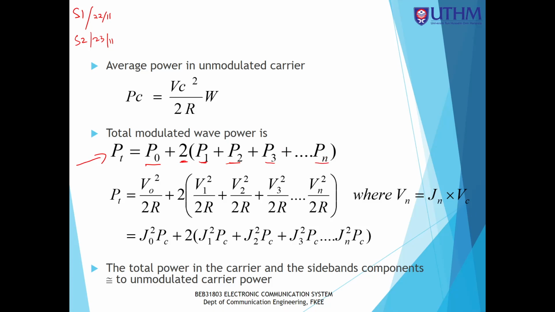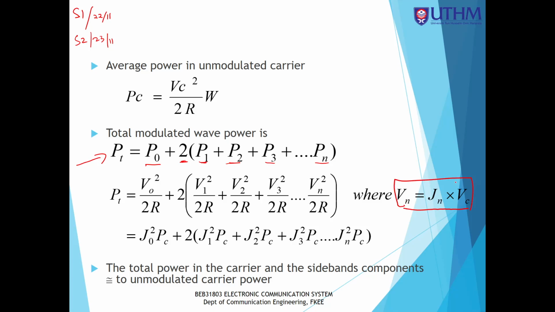Here P0 is equal to V0 square over 2R. P1 is V1 square over 2R, V2 square over 2R, until Vn square over 2R. So what is Vn? Vn is equal to Jn multiplied with Vc.